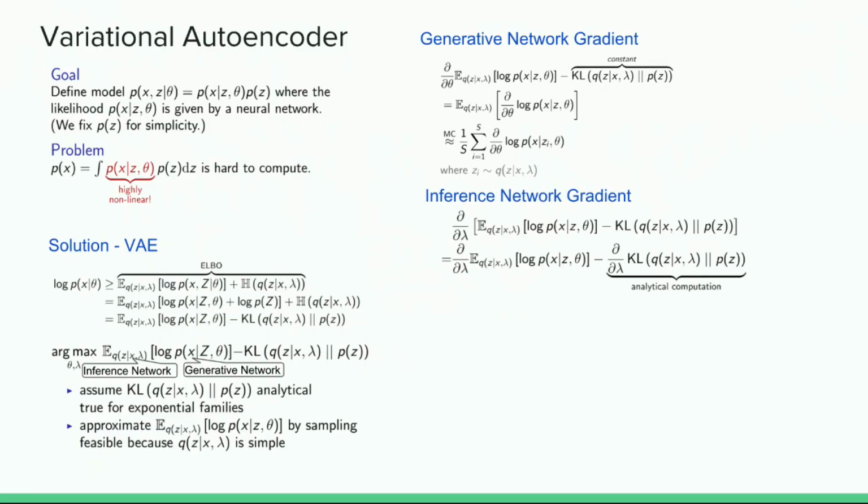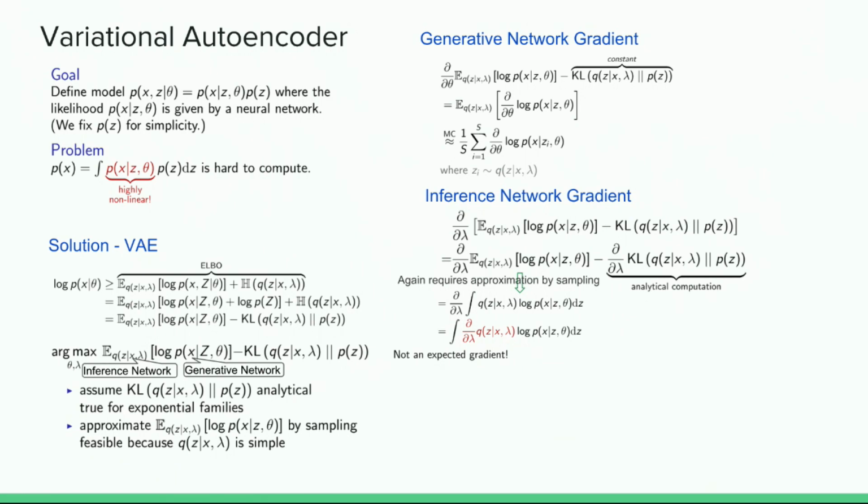And for the inference network gradient, we want to compute the gradient in terms of lambda. We can see the second term has analytic computation. So we want to compute the gradients for the first term. But this term requires some approximation by sampling.